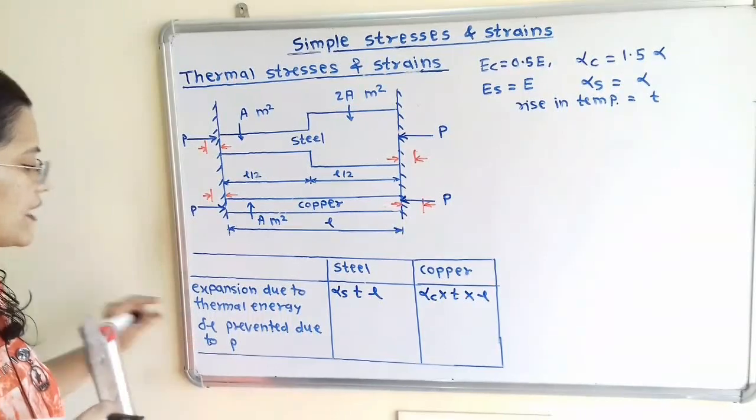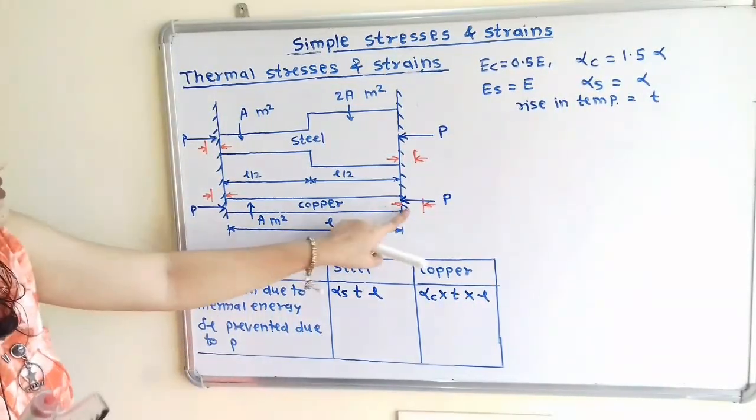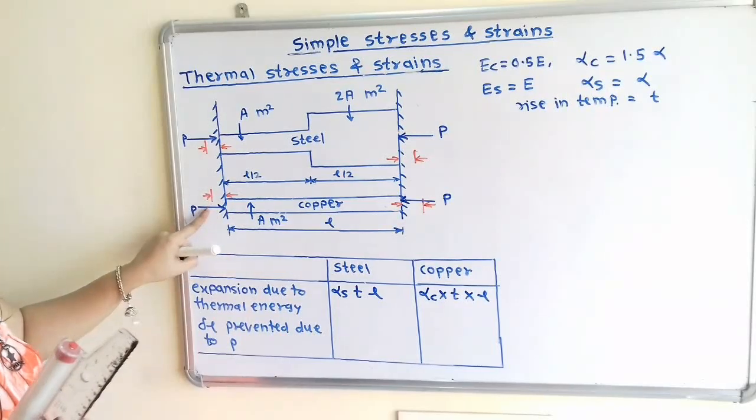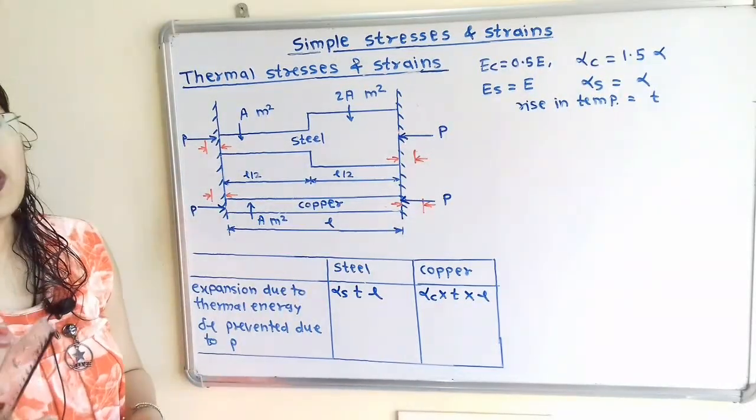Now we will move to the next. We have to find the change in length delta L prevented due to this mechanical applied force P. So how to write this?